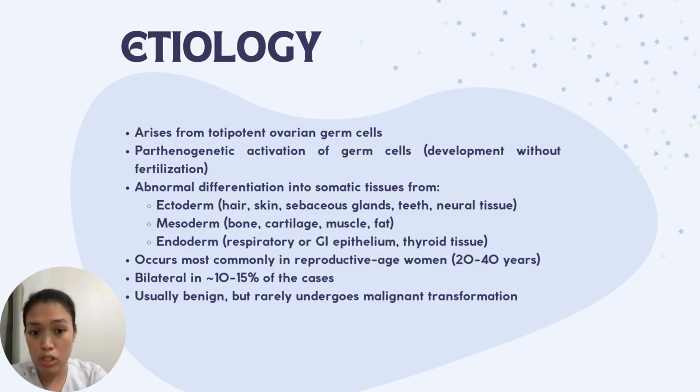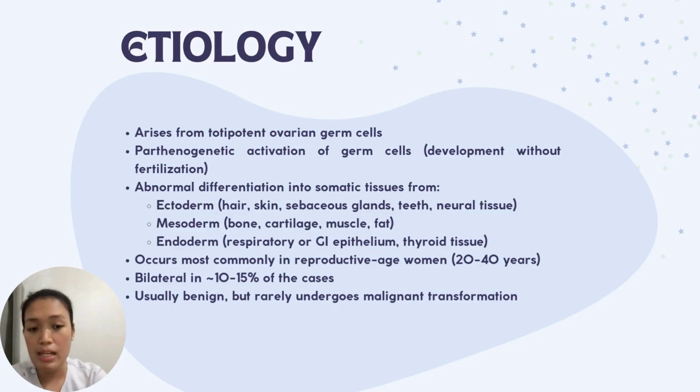So, the etiology is it arises from a totipotent ovarian germ cell, meaning it has the ability to develop into any type of tissue, and these cells grow abnormally and can form a tumor containing a mix of tissues. Normally, germ cells should mature into ova and only divide after fertilization.